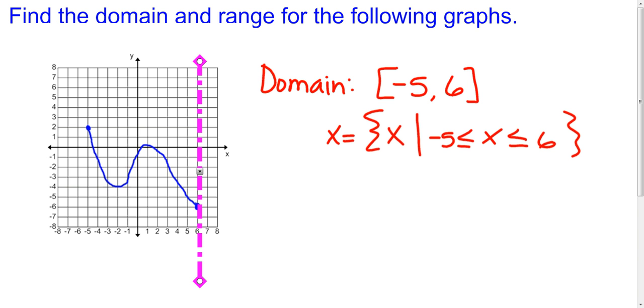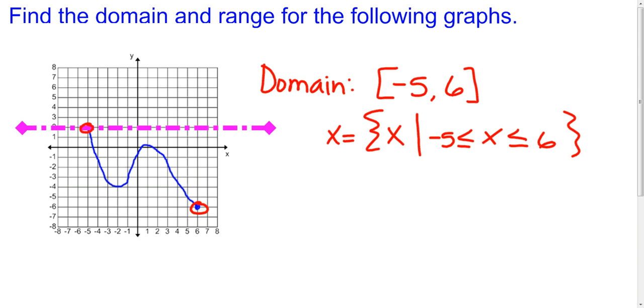Your range then would be to go and look at your y values. Not hitting the graph, not hitting the graph, but I start to hit the graph right there when my y value is at -6, all the way until my y value is right here at +2.